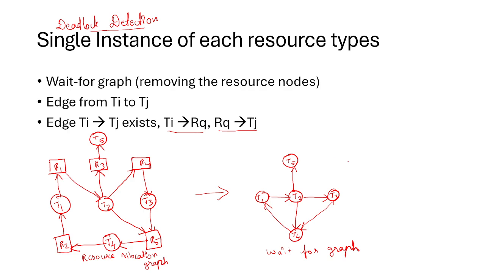If there is a cycle in a wait-for graph, it implies that there is a deadlock. Here we have two cycles. If there is a cycle in a wait-for graph, it is a deadlock.